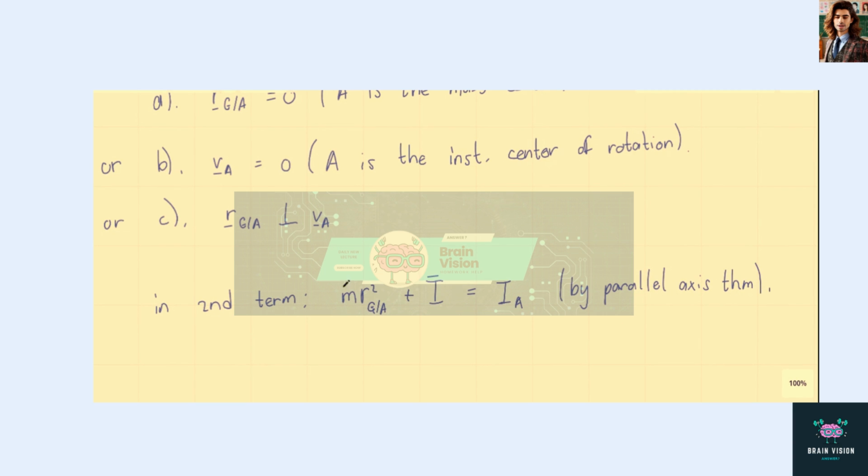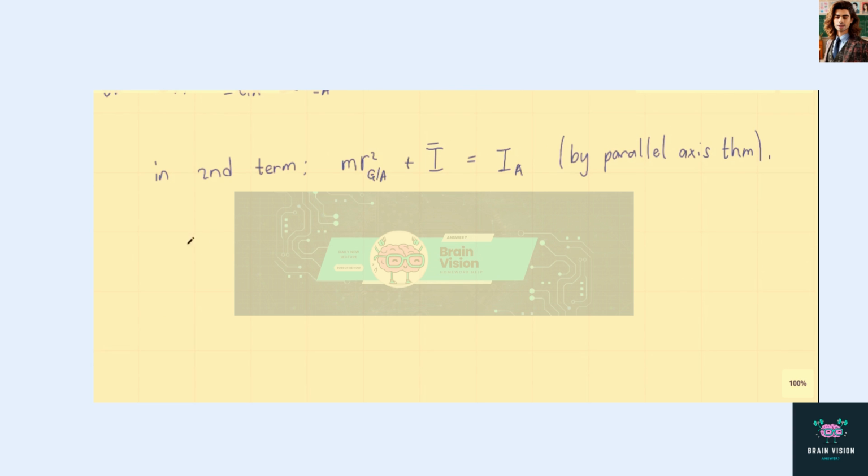So if m r squared_GA plus I bar is equal to I_A, we therefore have that the sum of the moments, or the angular momentum about point A, is equal to I_A times the angular velocity omega.